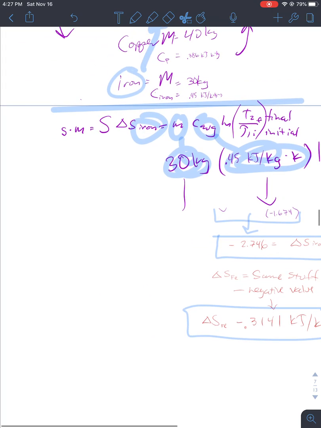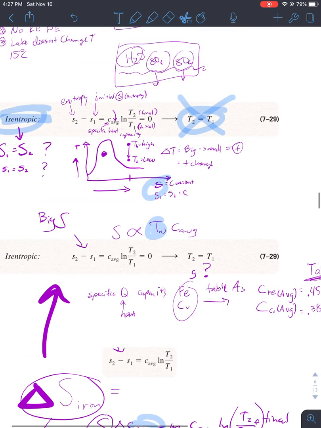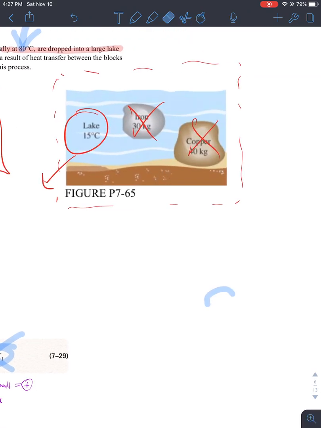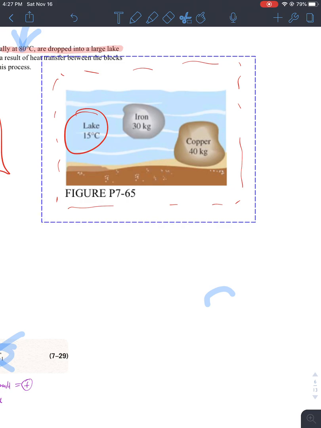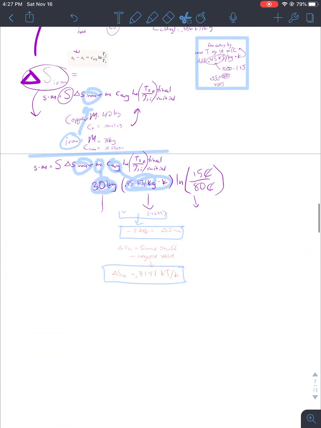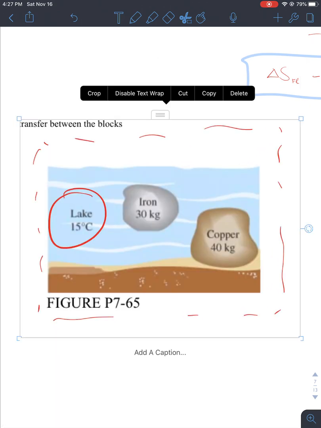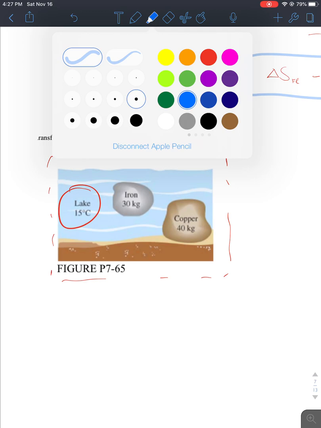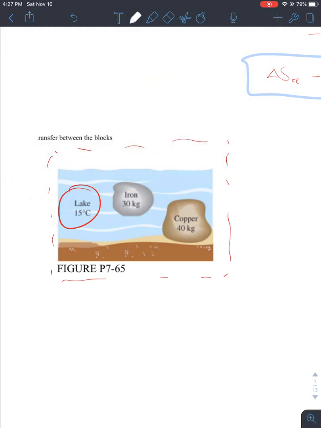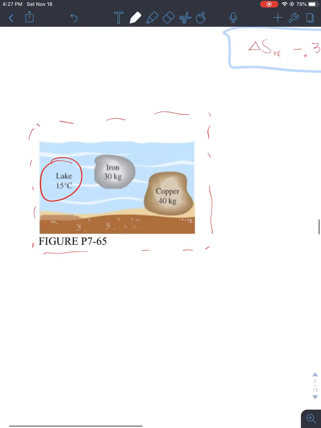All right. Now, next equation is this thing, this is a system here. Let's copy that. We don't need the figure.